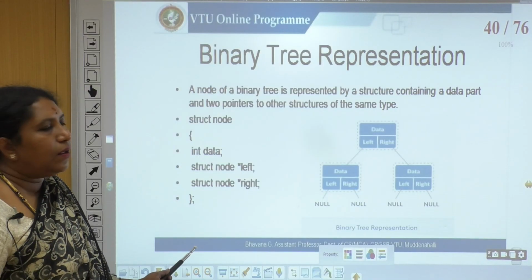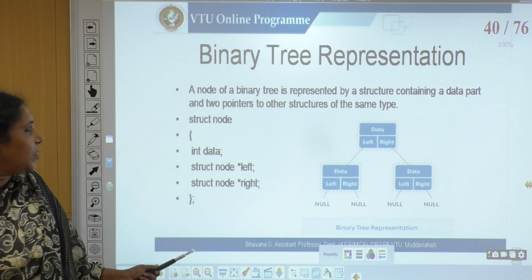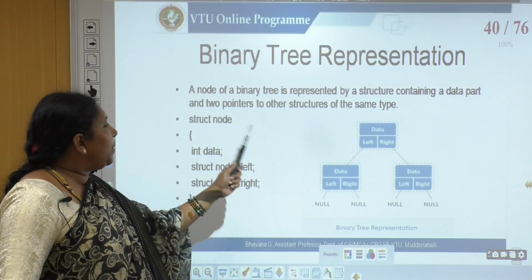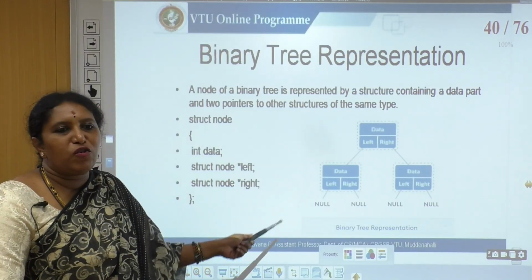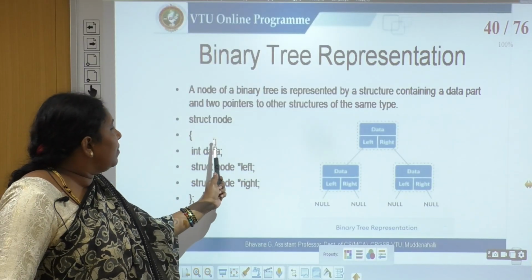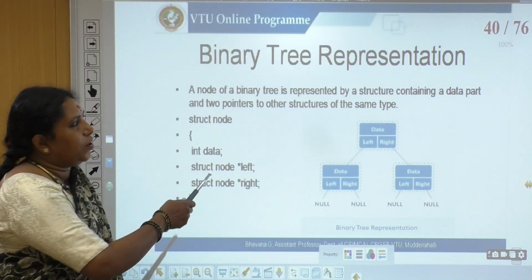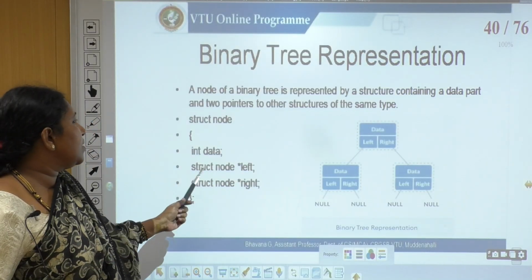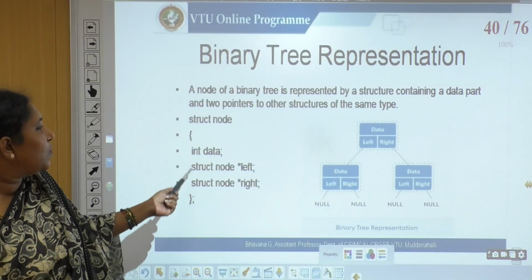We just saw the binary tree representation. Now, how do you write a binary tree? This is the implementation part. You have to create a node using a structure. A structure holds different types of data types.